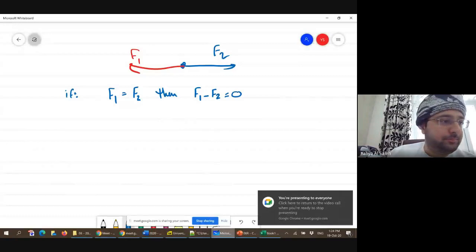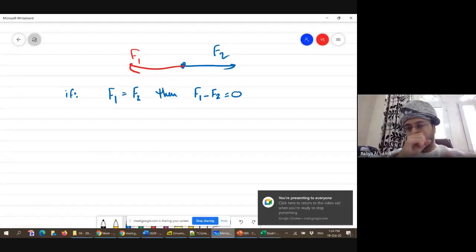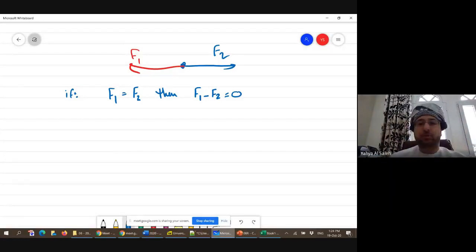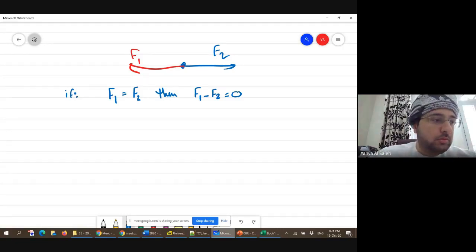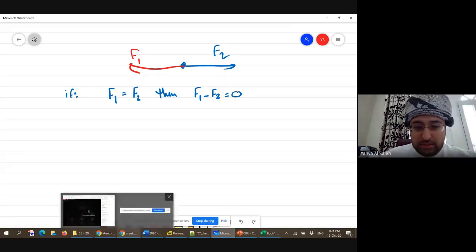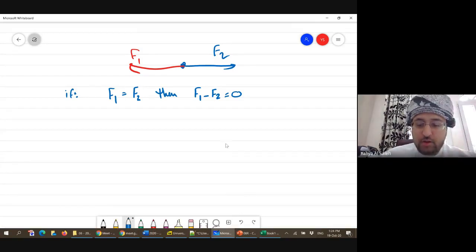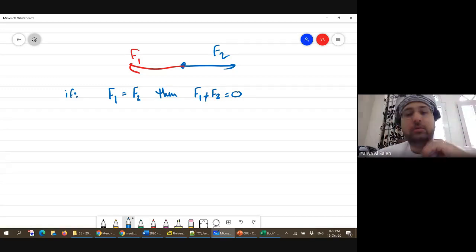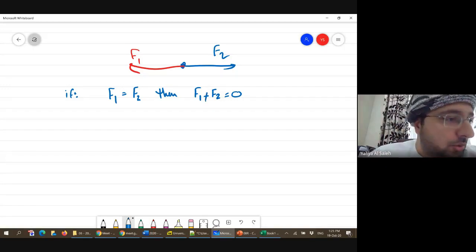Okay, we have 2 forces, F1, F2. If F1 equals F2, can you see it now? Yeah, I keep forgetting to show the screen, sorry. If F1 is equal to F2, then F1 plus F2, taking direction into account, will be equal to 0.